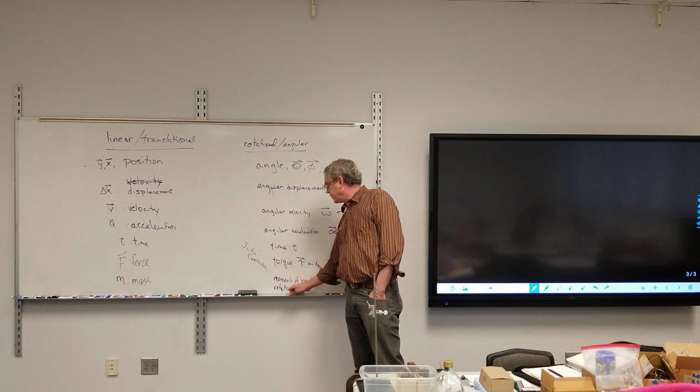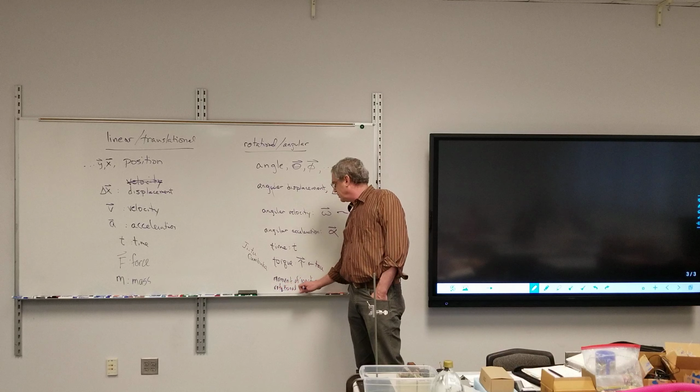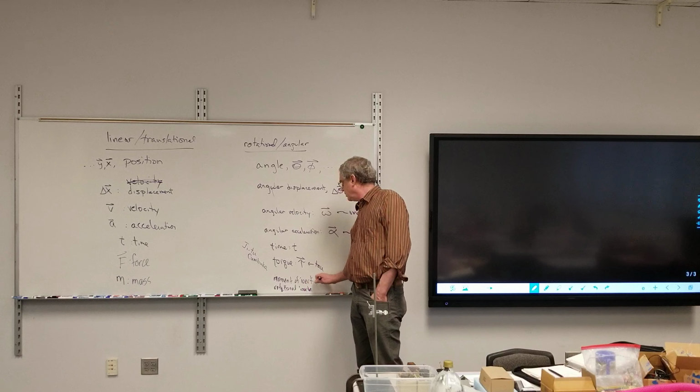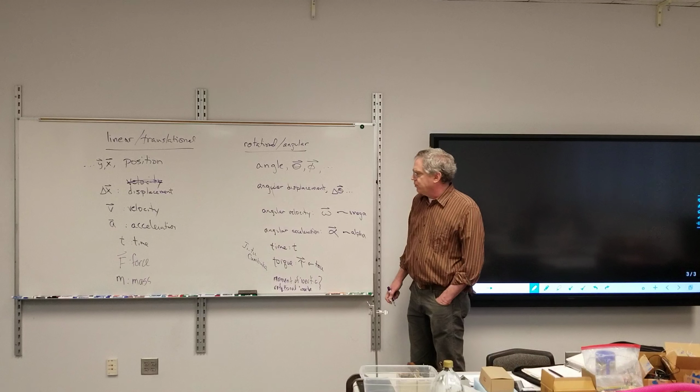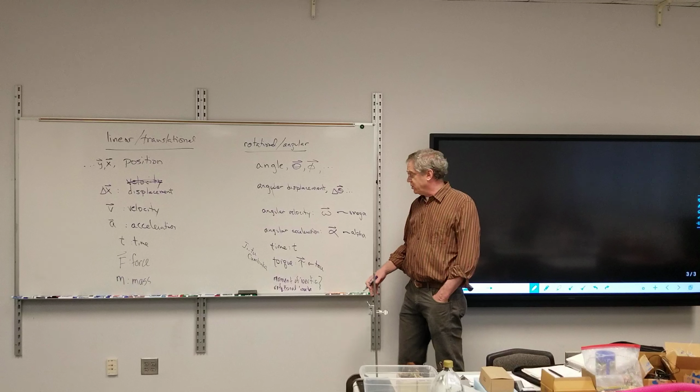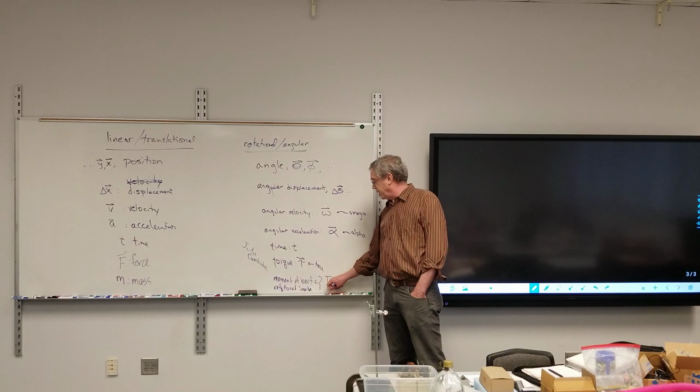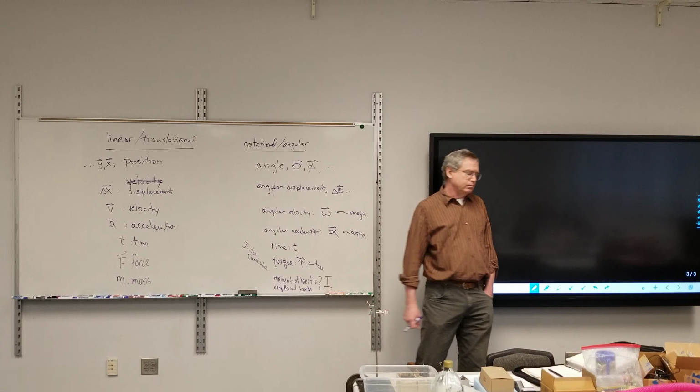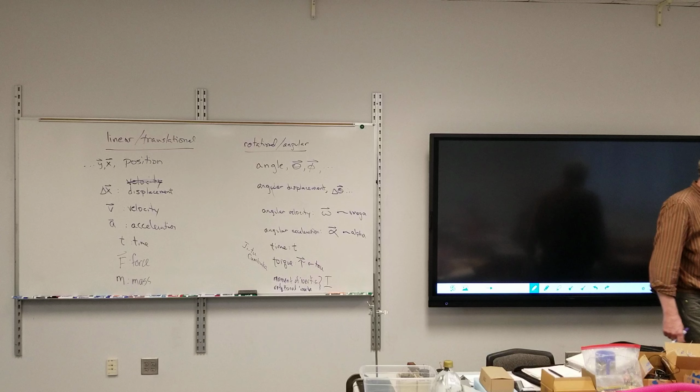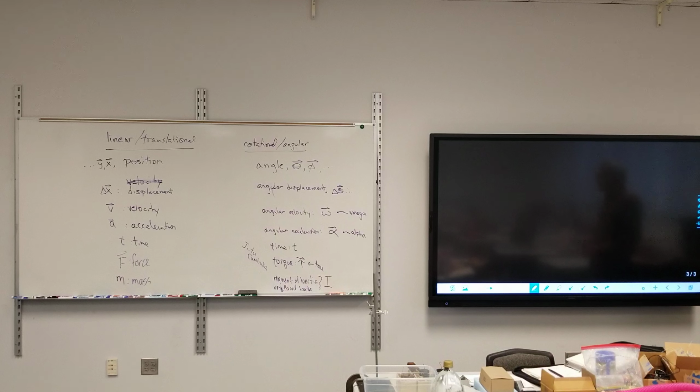I don't care for that as much, but I have seen it more within the past 10 years. So the rotational analog of mass is rotational inertia, and the symbol is, we will now break our Greek letter pattern, a capital I. Moment of inertia, rotational inertia.